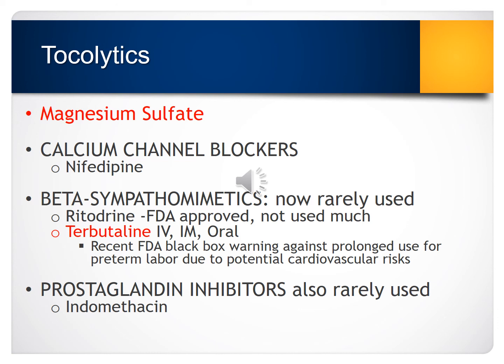So if we're trying to prolong this pregnancy, magnesium sulfate would be the drug of choice as opposed to terbutaline, because there's a warning against prolonged use of it. But just know that those are two drugs that you may see in the field, magnesium sulfate and terbutaline.